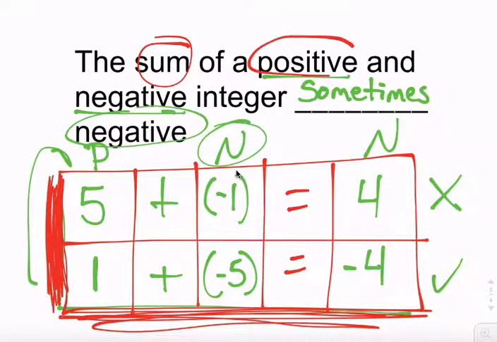In this case, for this example, they wanted a positive number first. So your numbers that went in the first column had to be positive. They wanted a negative number second. So your negative numbers had to be in that second column.